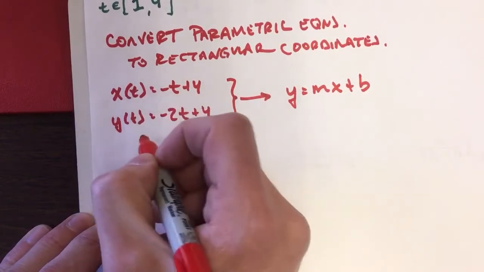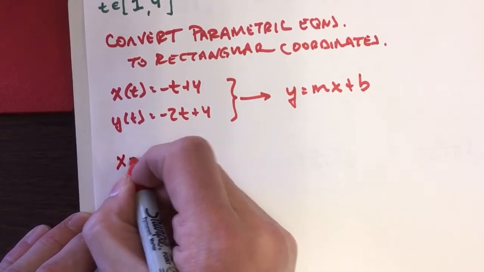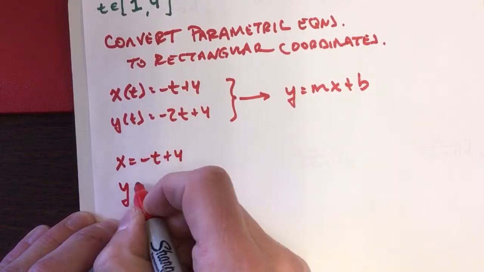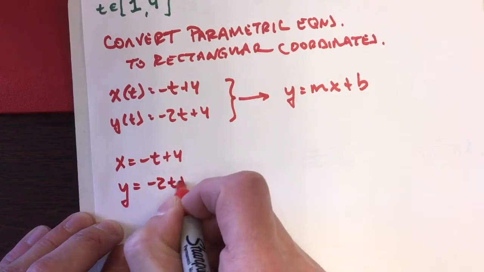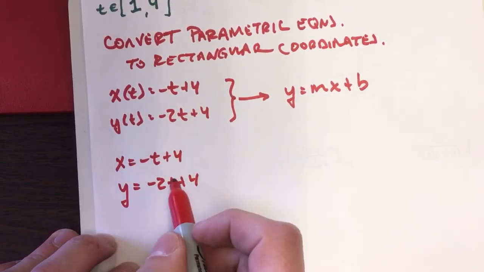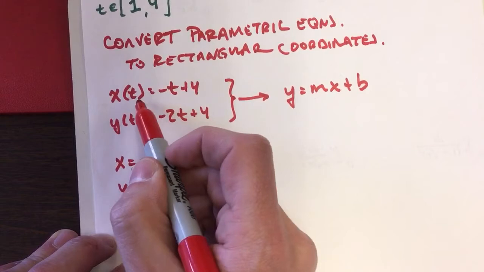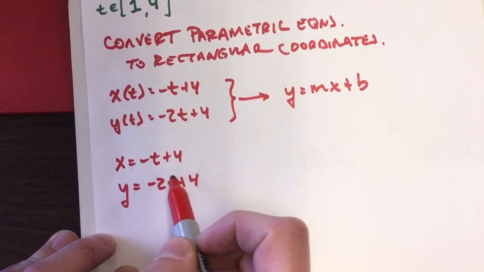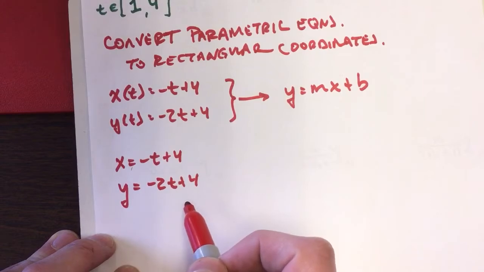I'm going to forget the t for a moment. I can rewrite this as x equals negative t plus 4. I can rewrite this as y equals negative 2t plus 4. We've got two equations. So I just forgot the function format, the x of t. Just x is negative t plus 4, y is negative 2t plus 4.